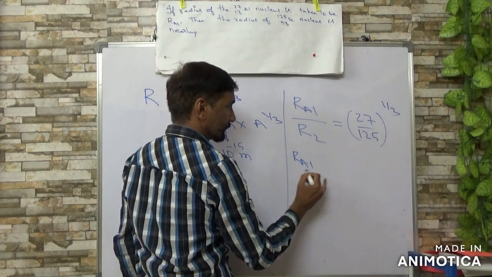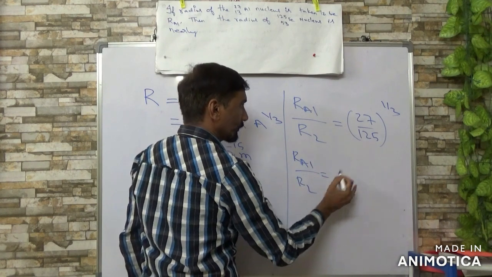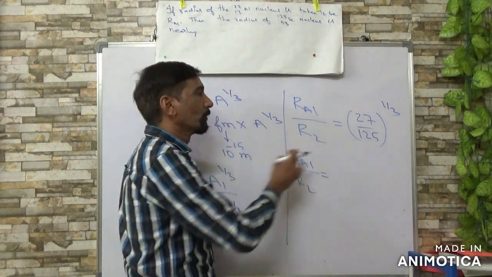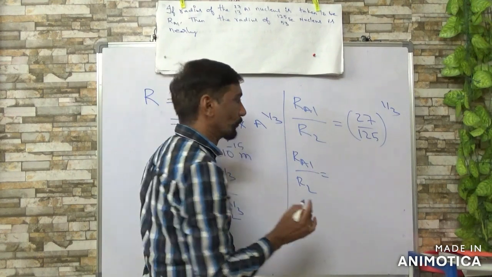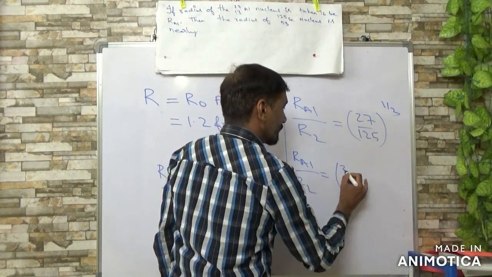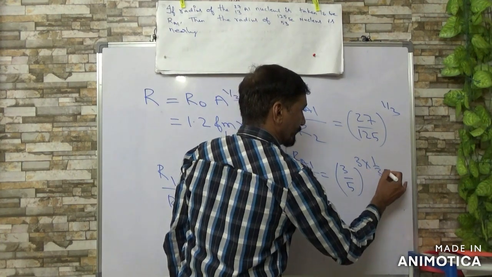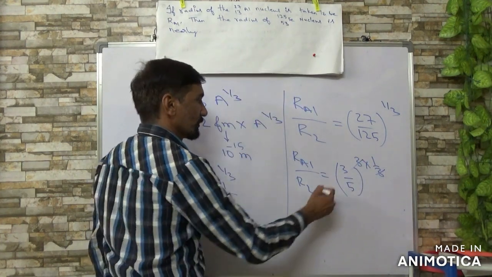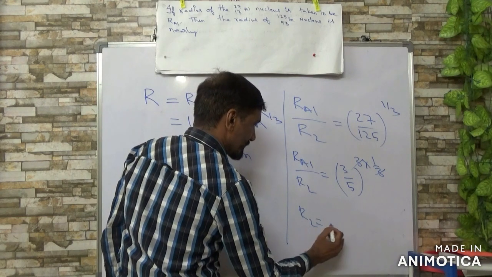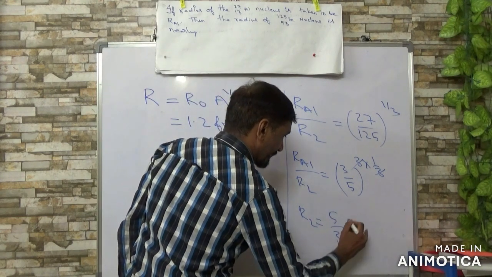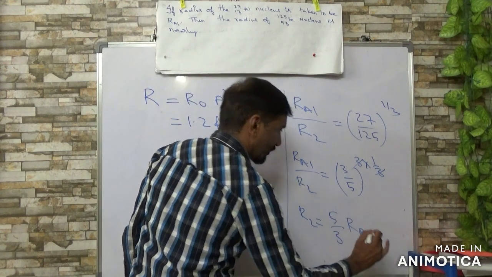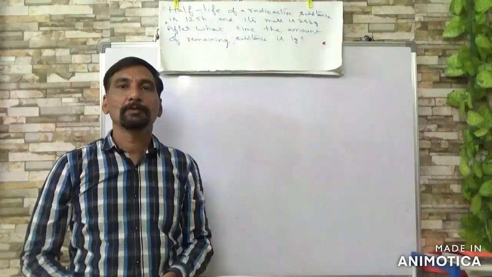Okay, so 27 you can write 3 cube, 125 you can write 5 cube, right? So 3 by 5 whole power 3 into 1 by 3. Cancel now. So R2 is equal to 5 by 3 times the radius of aluminium.